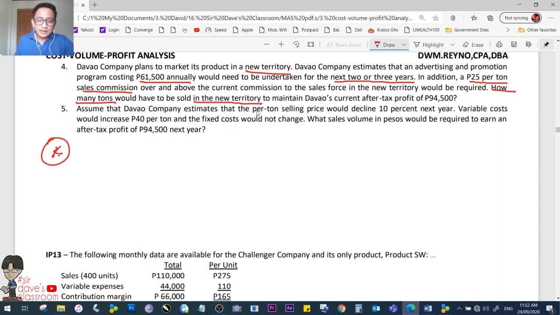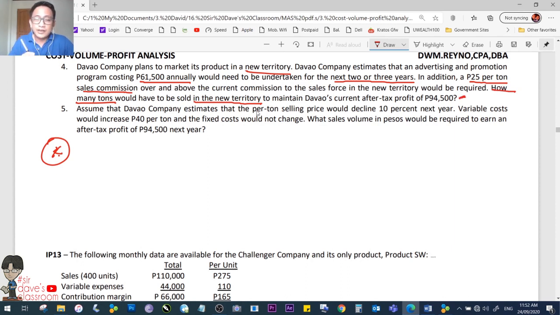It should neither increase nor decrease. The 94,500 means the income that you will derive from the new territory must also be zero. Because if you have an income there, that would add up to the 94,500. You will not maintain the 94,500.